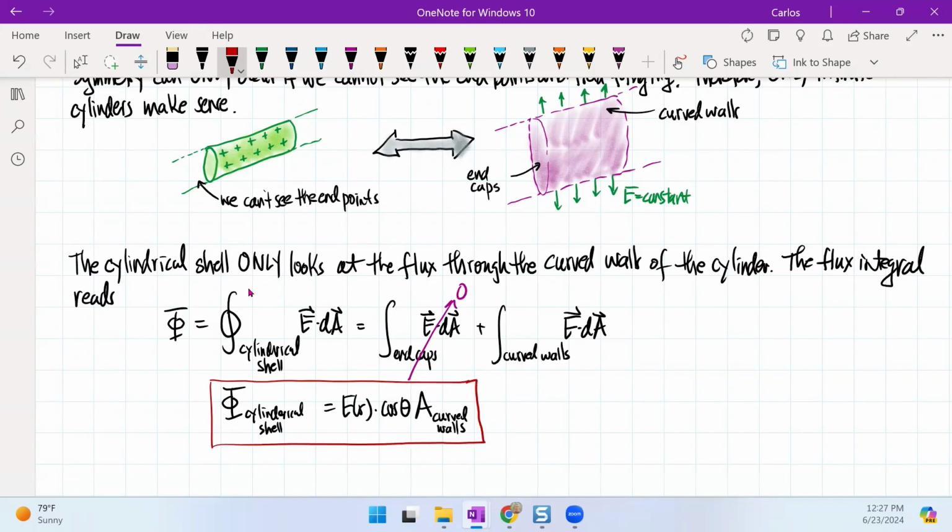Again, look at the electric field. The electric field is inversely proportional to the area of the Gaussian. It's about the space.